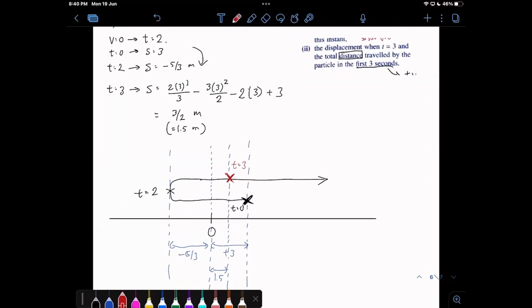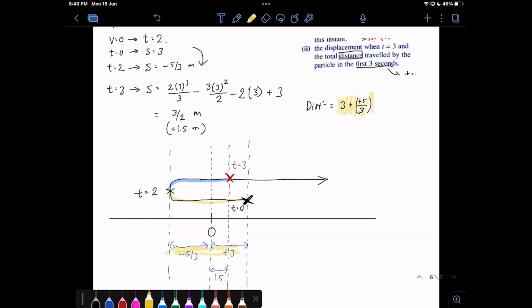Okay, now we have to measure the distance traveled by the particle in the first 3 seconds. So from t equals to 0 all the way until t equals to 3. So what's the distance? Let's calculate. Yellow color part is how much? 3 plus positive 5/3. It cannot be negative, right?